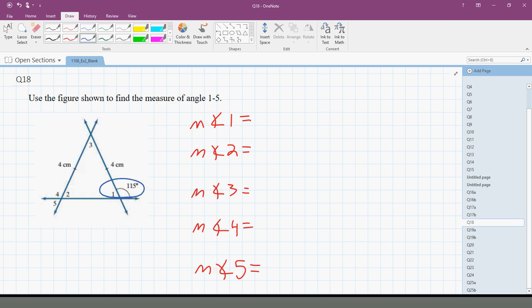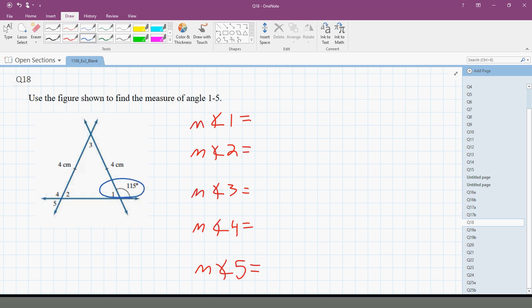What's the relationship between angle 1 and angle 2? Or, sorry, not angle 1 and angle 2. Angle 1 and 115 degrees. They're a linear pair. What do you know linear pairs have to do? Yeah, they should add up to 180.